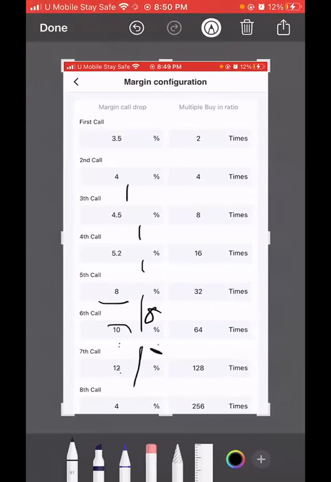The space between 12 to 4 is 4. Because from here, once you make this call 10, it takes 12% down to make this call. And once you make this call, it takes 4% down to make this call.